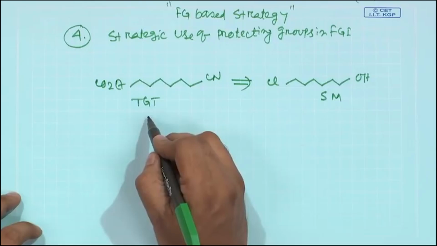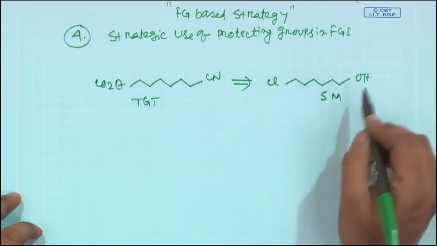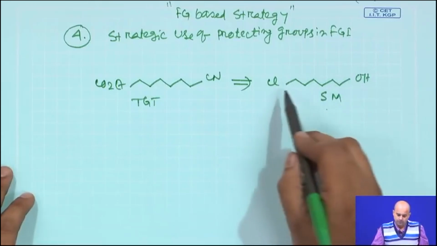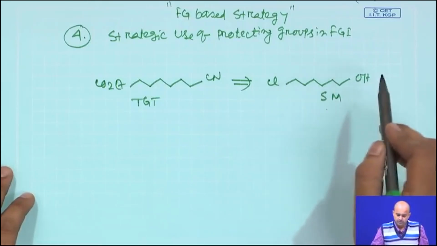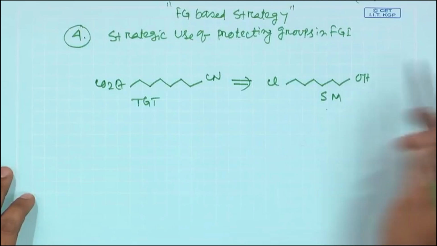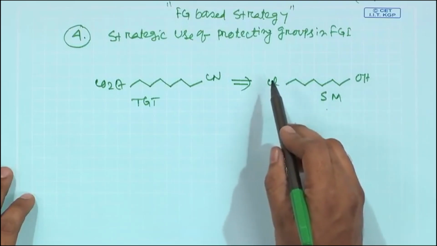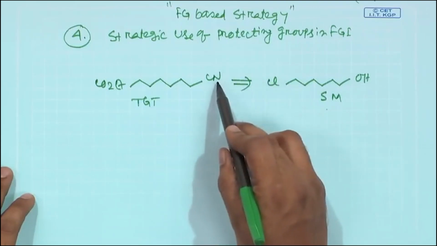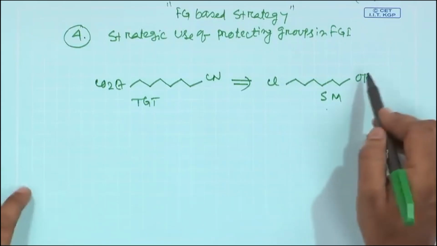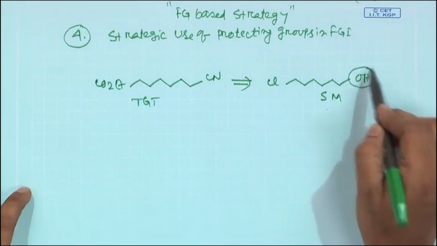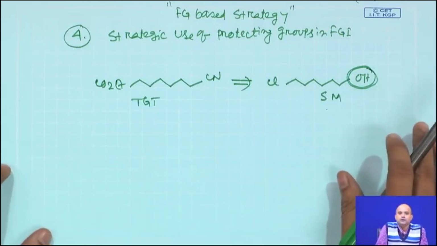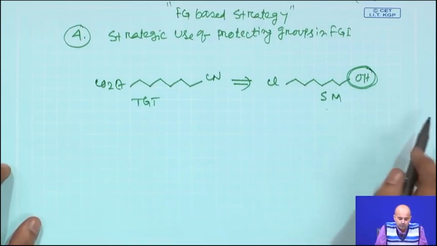Now, the straightforward way of solving this problem: you can think about converting the chloro to the corresponding cyano, and then converting the OH. But the main thing is that this free OH is probably not compatible with some of the reactions we will be talking about.